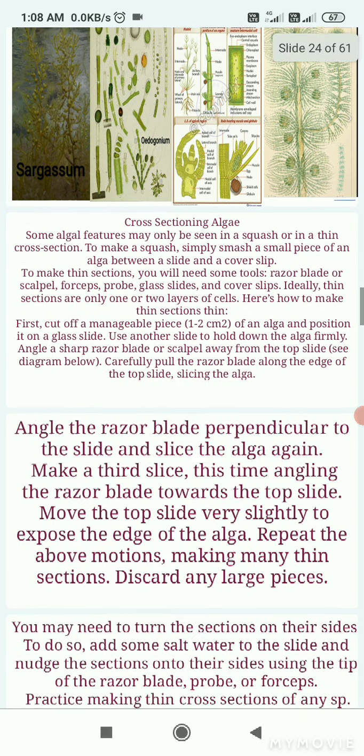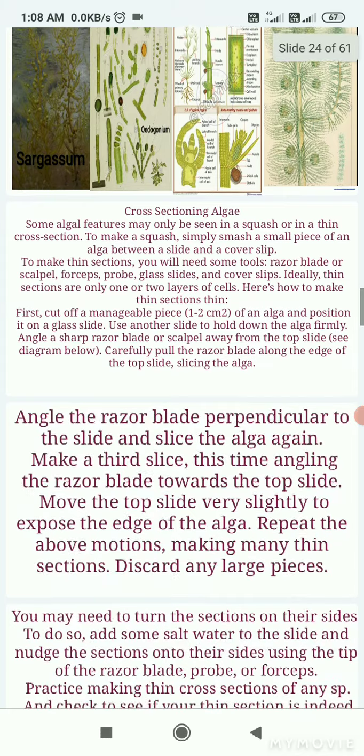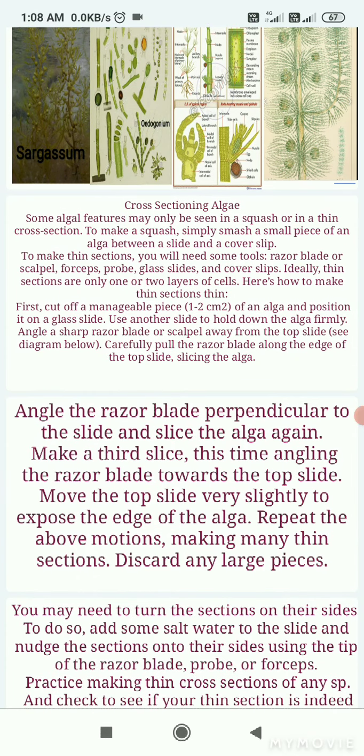So for that, first we have to cut off a manageable piece of 1 to 2 square centimeters of an alga and take it on a glass slide. Then use another slide to hold down the alga firmly on the basal slide.